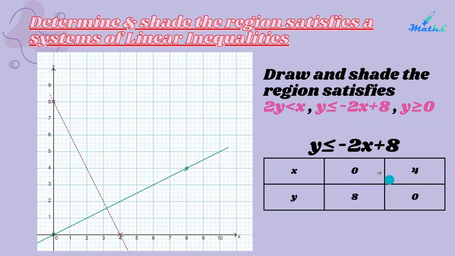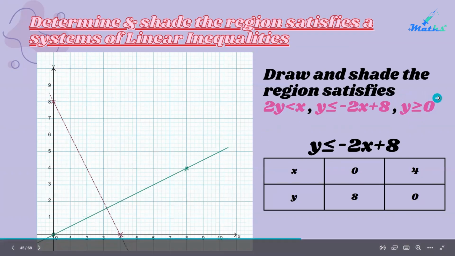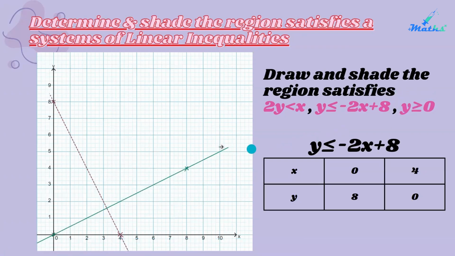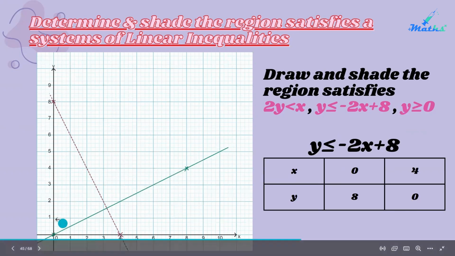This is the point that I use. You guys can use any point that you want, but make sure it is correct like mine. Last is y more than or equal to 0. It means the x axis because y is equal to 0, so it should be here.